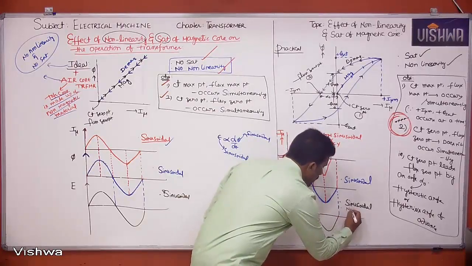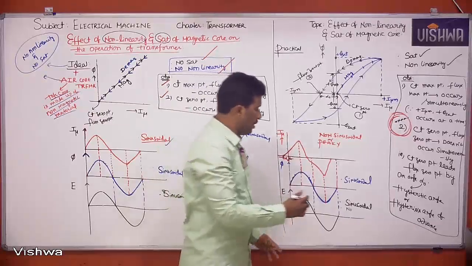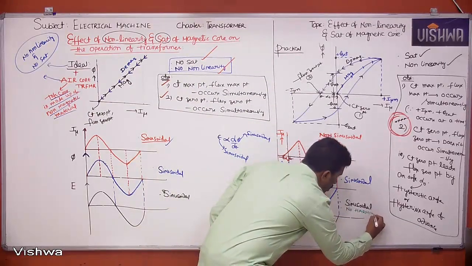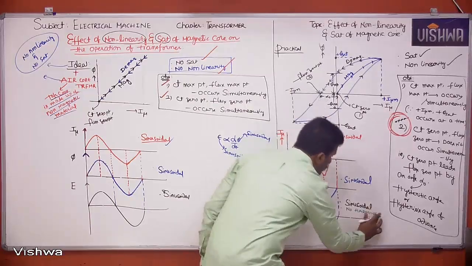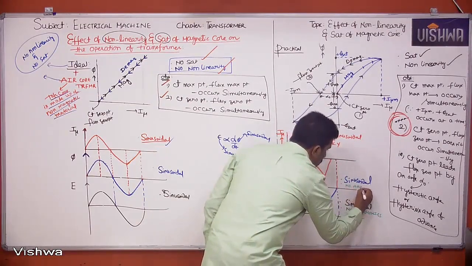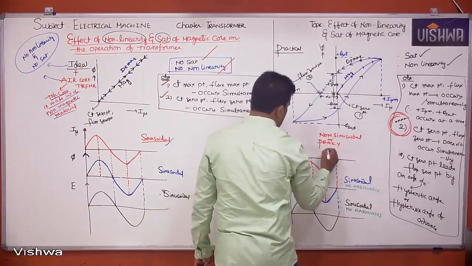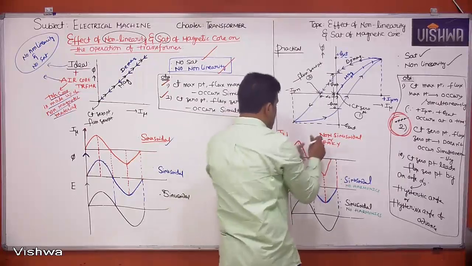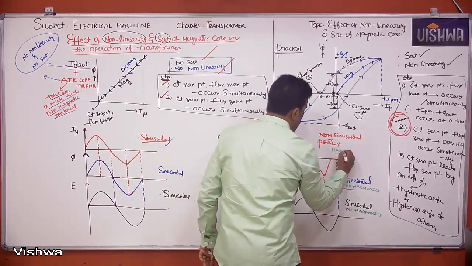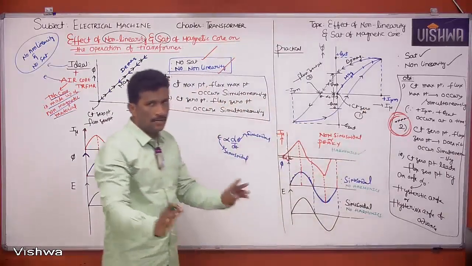If I don't want harmonics in an EMF and flux waveform, no harmonics here, and here also harmonics should not be there. So in the current waveform, non-sinusoidal means harmonics should be there. Harmonics are present here. That's the conclusion.